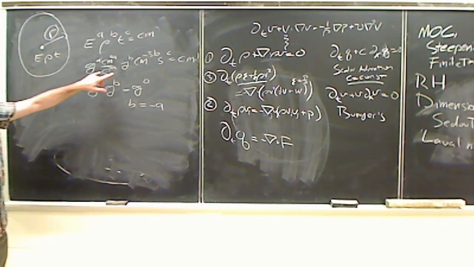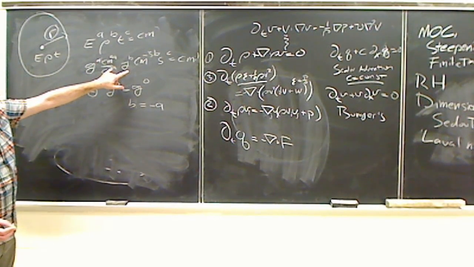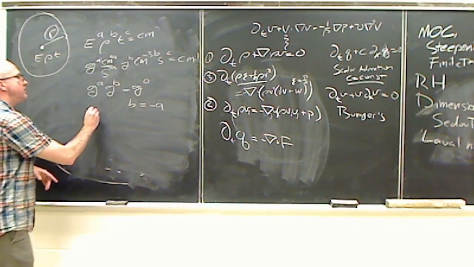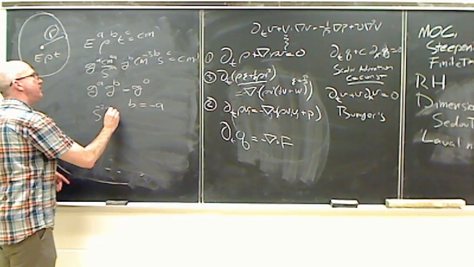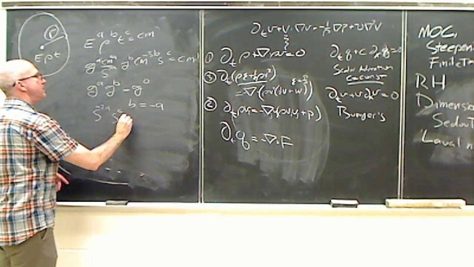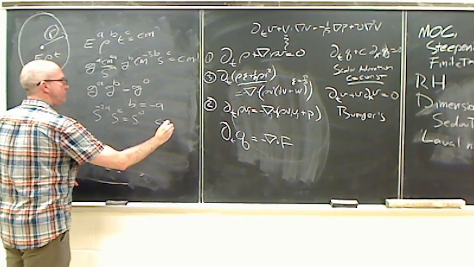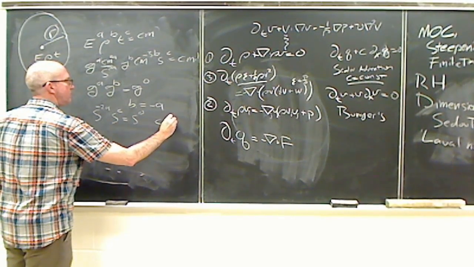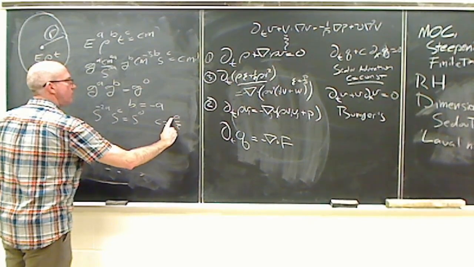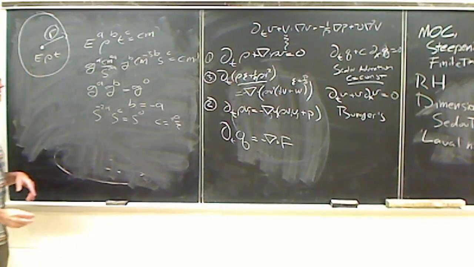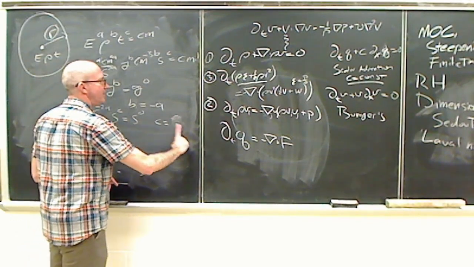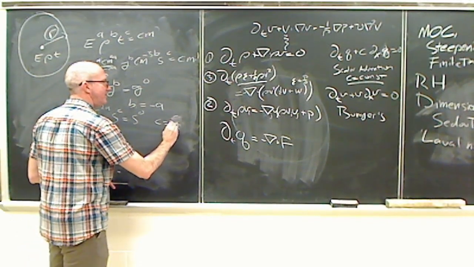So now, let's look at the seconds. So seconds to the minus 2A, seconds to the C equals seconds to the 0. So C equals minus A over 2. Oh, no, plus. No, C equals 2A. Duh. Because I can do math.